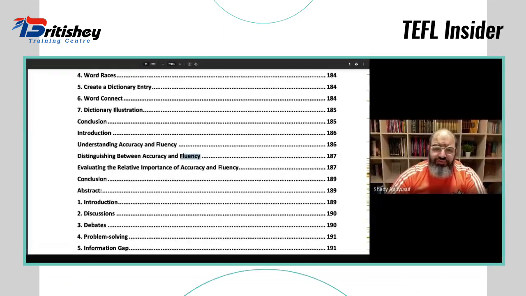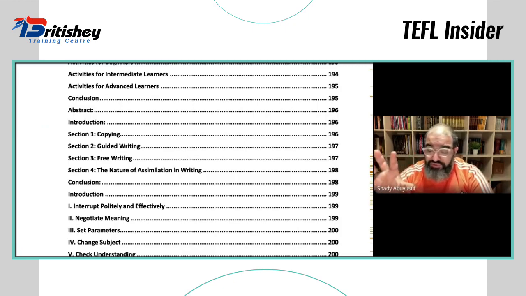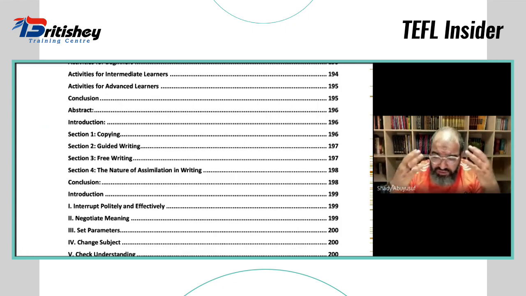Again, I'll take you back to your TEFL handbook. And if we go to the TEFL handbook, we've got also copying, guided writing, free writing. And that's actually what we are asked to cover in the assignment. So you can go back to your TEFL handbook, read about these 3 stages and write an article from your mind using your own words.